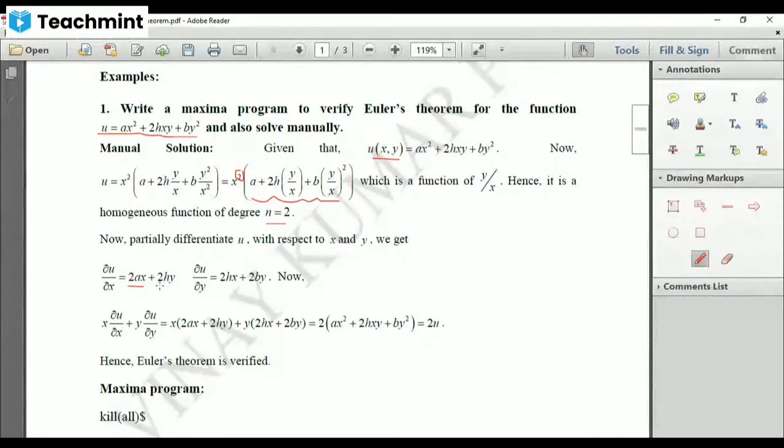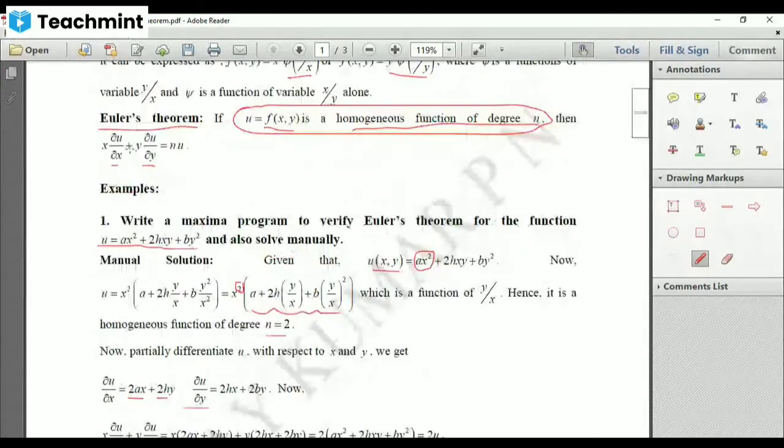So you will get 2hy. Next, partial derivative of u with respect to y is, this is constant because it involves x and a. So derivative of constant is 0 plus 2hx is constant. Derivative of y with respect to y is 1 plus b is constant. Derivative of y square is 2y. Right? Now let us find out the LHS.